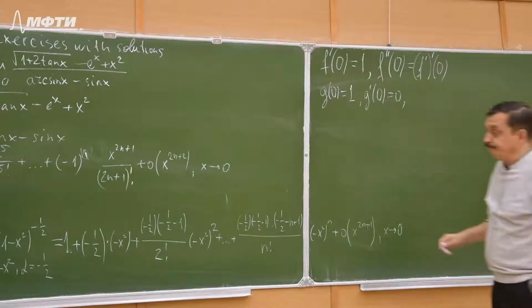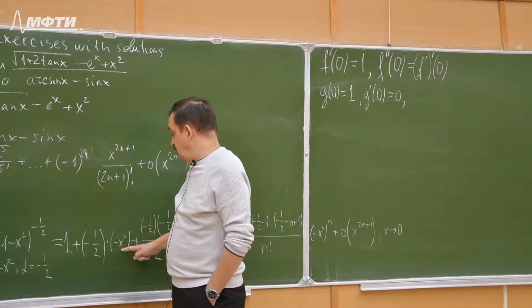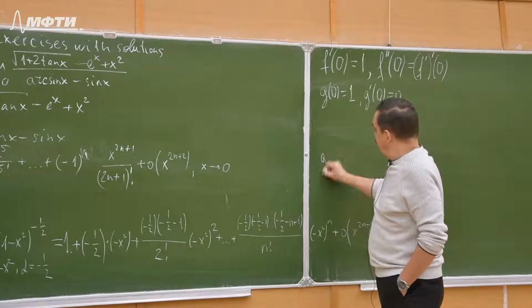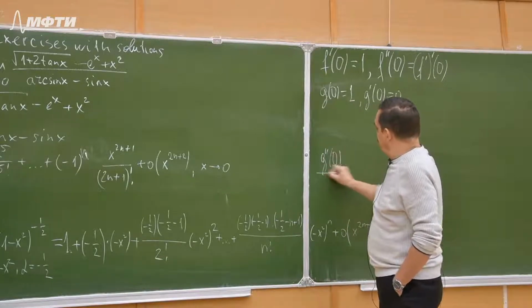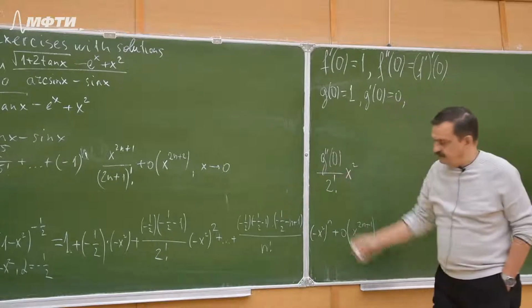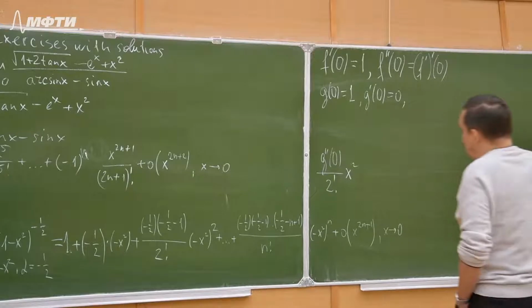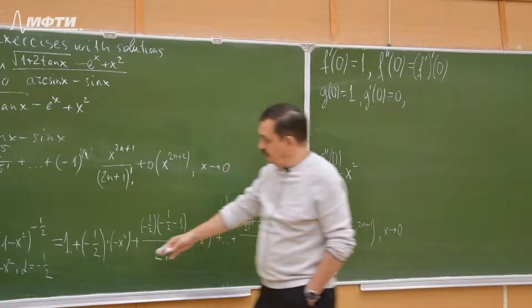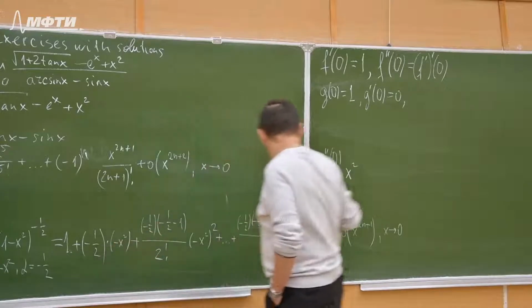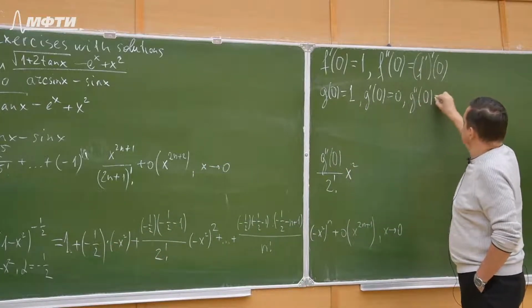Then for x squared, the general coefficient, let me recall, is g double prime at 0 over 2 factorial times x squared. That is the second term with second degree, right? So look at the coefficient in x squared. It's 1/2. So it means that g double prime at 0 is 1.